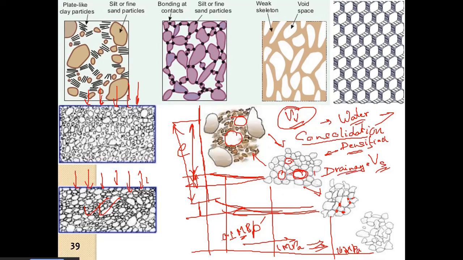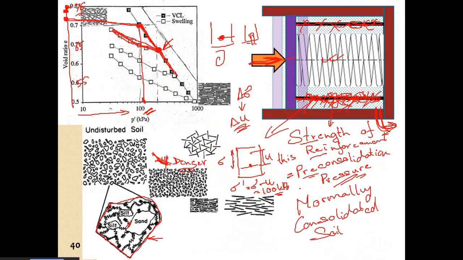The water from the pore volume has to go out, and the volume of the voids has to reduce, and only then is there consolidation in the soil. And we saw what the pre-consolidation pressure is and how we can approximate the behavior of the pre-consolidation stage of the soil.